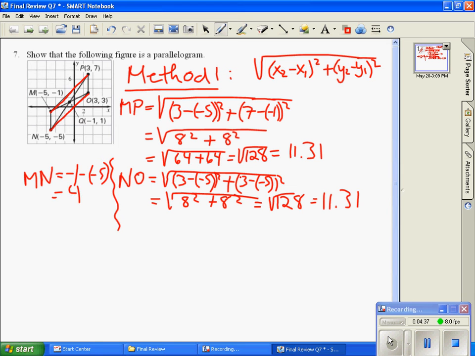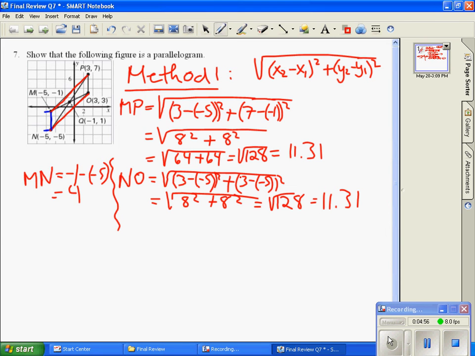So the length of that piece, let's change colors here real quick. So we just looked at this piece right here, and just the distance from here to here, and that's 4. Okay, so let's take a look at the next piece.